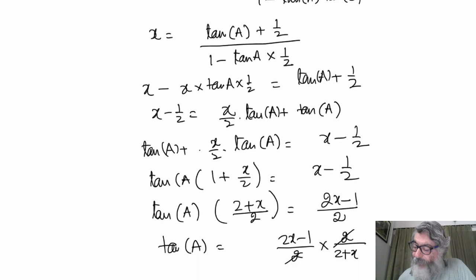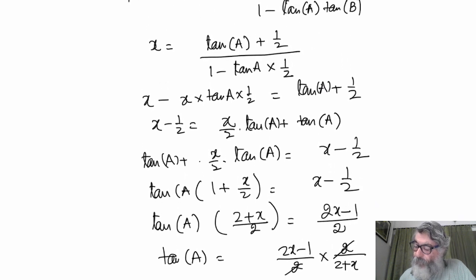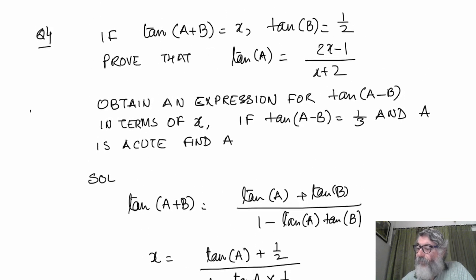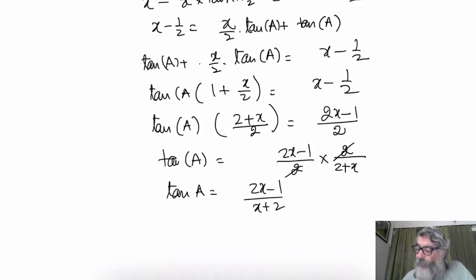So tan a will become equal to (2x minus 1) upon (x plus 2). I think that is what we had to prove. So this is your answer. We've been able to prove it.